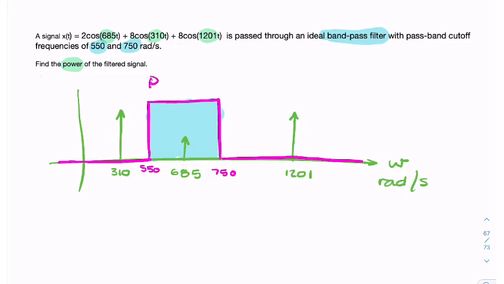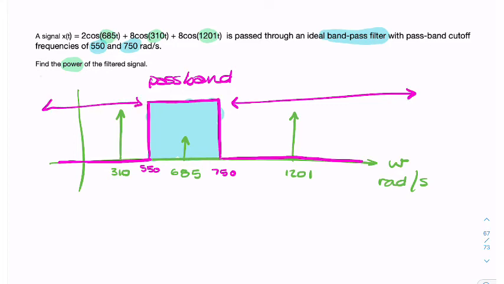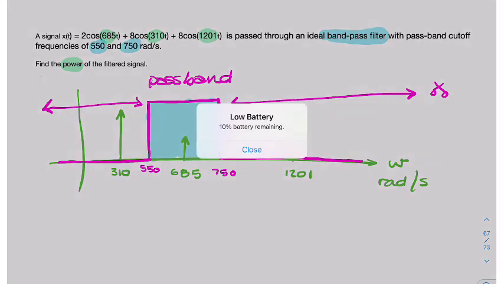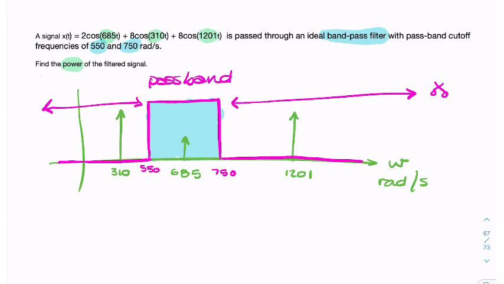So this is the pass band, and everything above and below will be blocked, will be attenuated by the filter, removed. So the only component that would survive would be the 685. So what we're interested in here is this component.